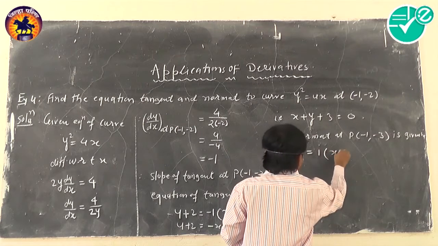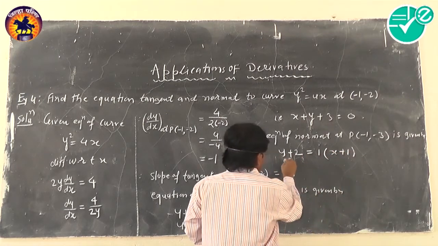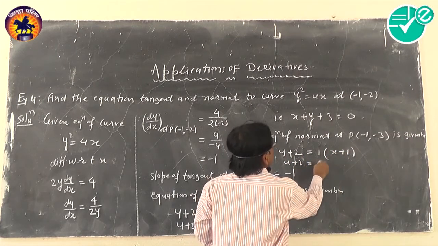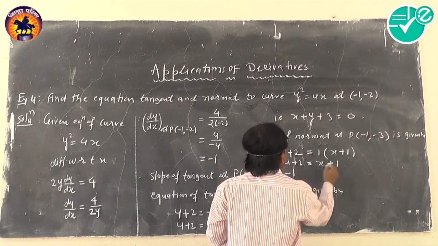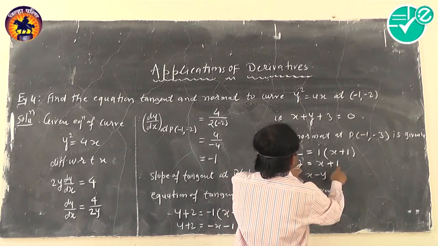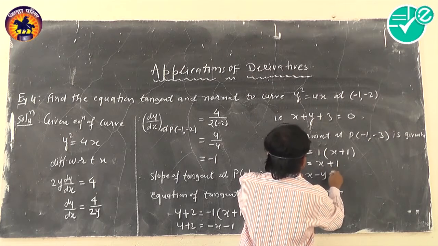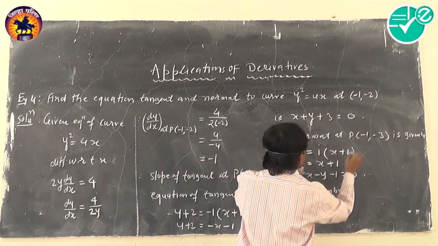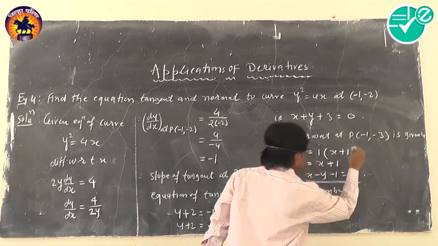So y plus 2 is equal to x plus 1, therefore x minus y, minus 2 plus 1 is minus 1, is equal to 0. This is the equation of normal.